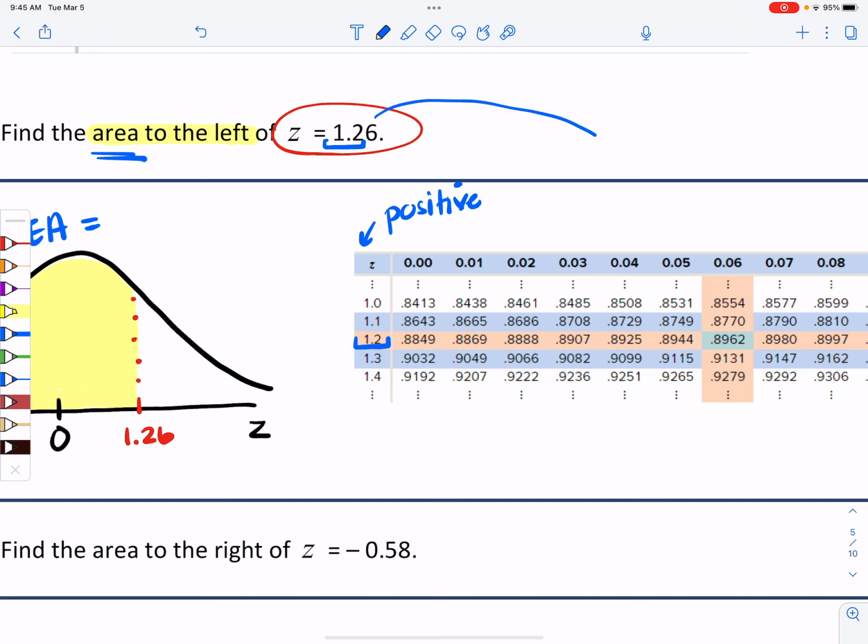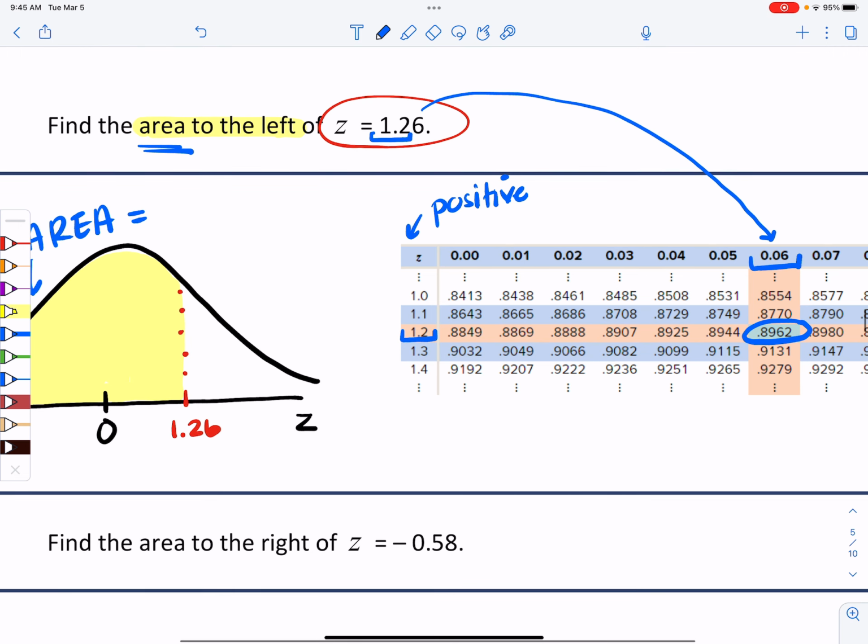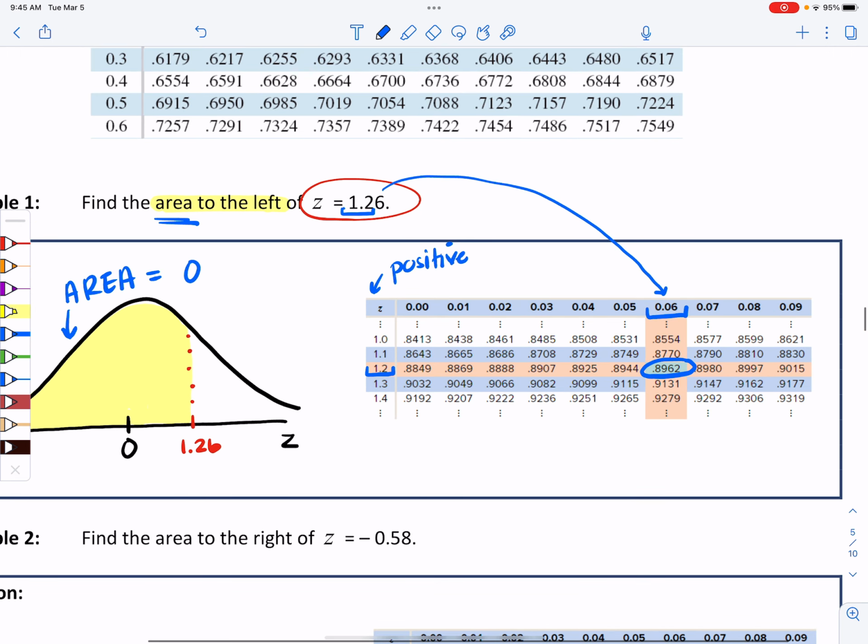The second decimal place is found across the top, and in this case, I would need to go to a 6. And where those two things intersect gives me the area to the left of the z-score that I've just looked up. All right, so approximately 89.62% of the z-scores are going to fall to the left of 1.26.